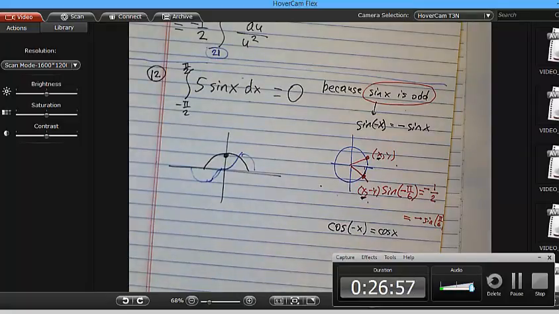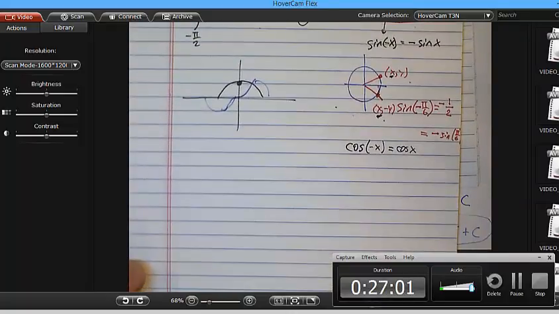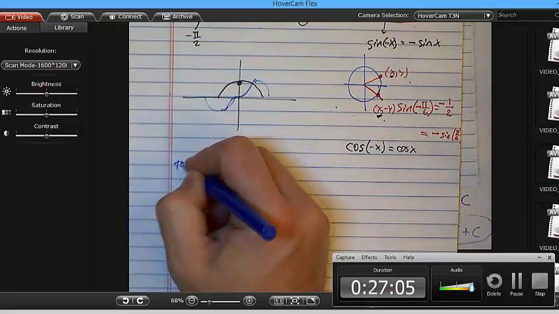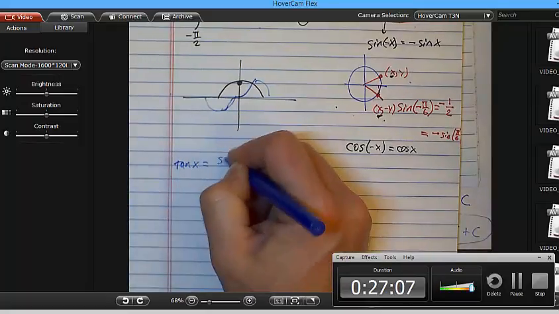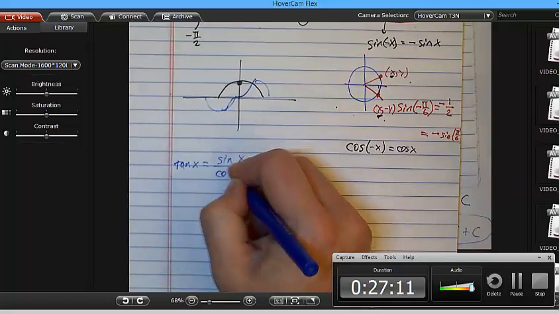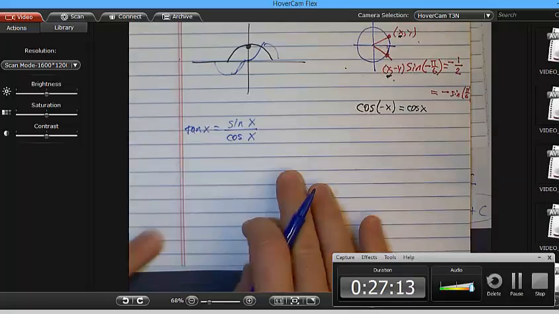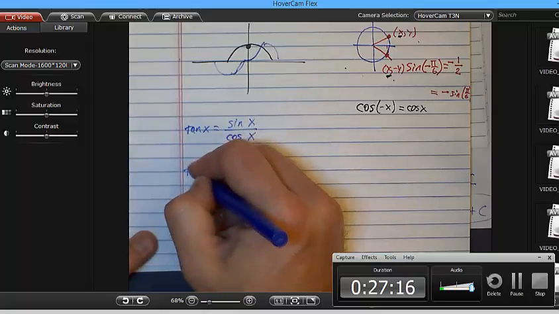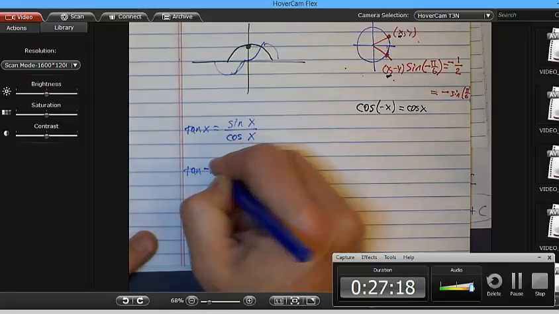What about tangent? Well, let's think about that. Tangent of x is the same as sine of x over what? Okay. So now let's do tangent of negative x. Tangent of negative x.